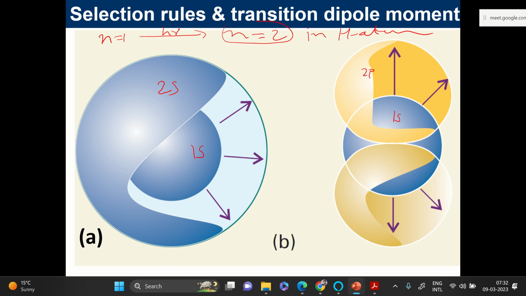बट इन दिस केस, सेकेंड केस में जो पिक्चर है वो क्या है कि 1s से 2p, when a 1s three-dimensional electron wave transforms into a 2p kind of thing. So electron distribution, you can see the electron density profile is changing and it is getting asymmetric.